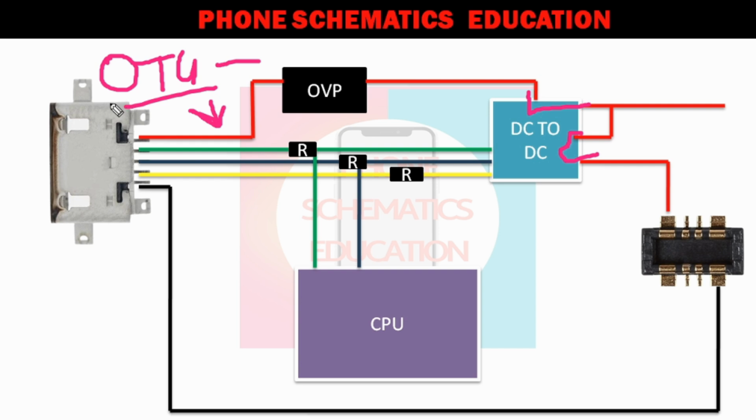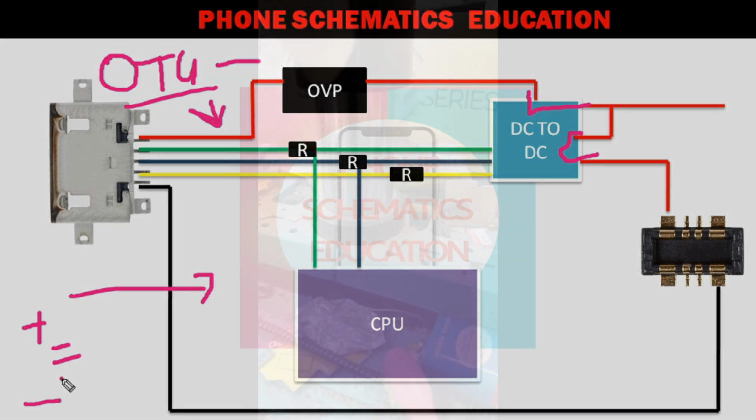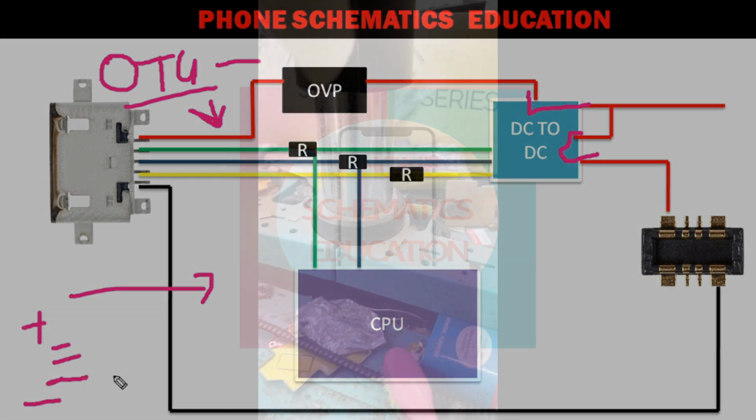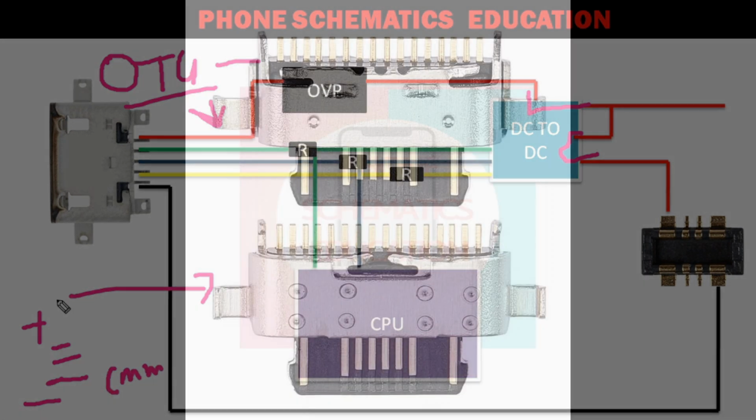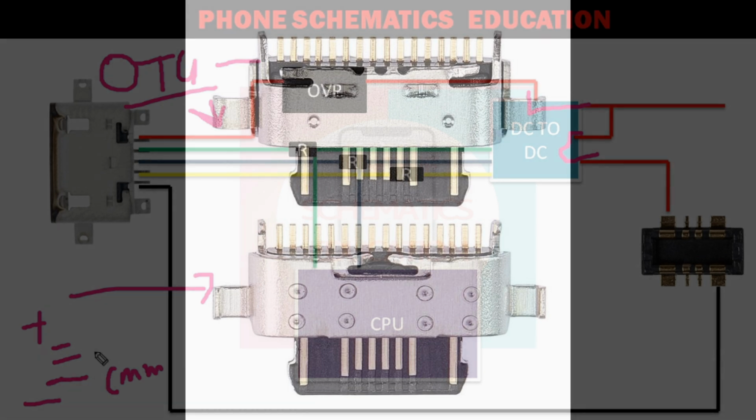Now I am giving you this information because on a C-type charging port, let's move on to the C-type charging port. You will see a positive line, a negative line, DM, DP, and also a line with a new name, connected to the OTG connections. So let's move on to the C-type port, right?